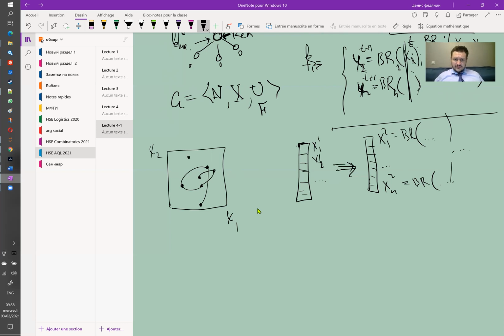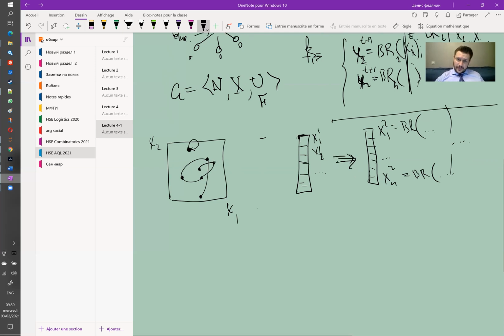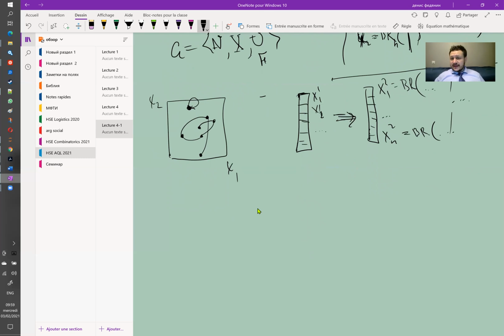It's a point that after transformation will come to the same point, to the point itself. If we were talking about groups in mathematical theory, it could be the identity transformation for this specific point.